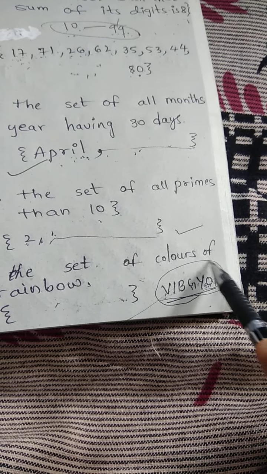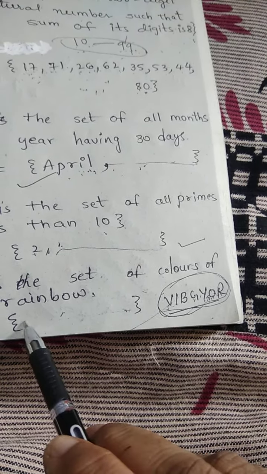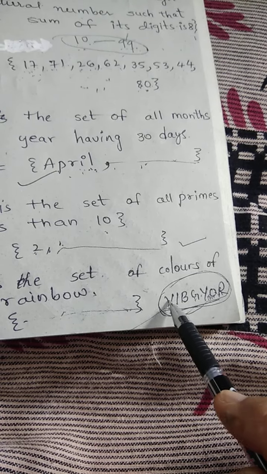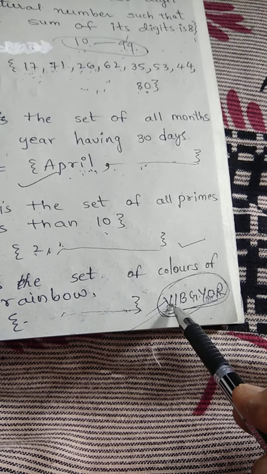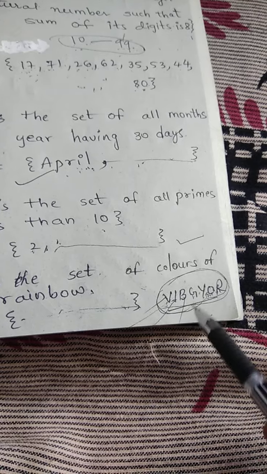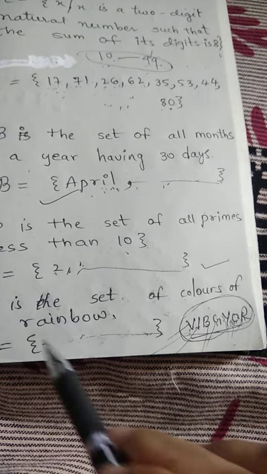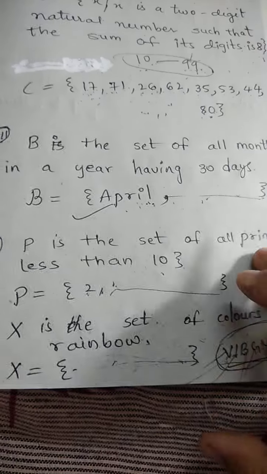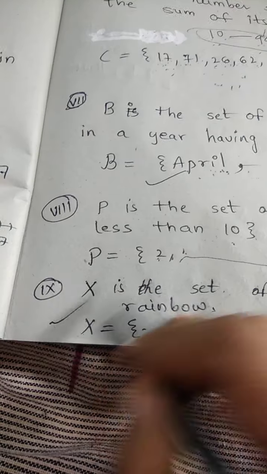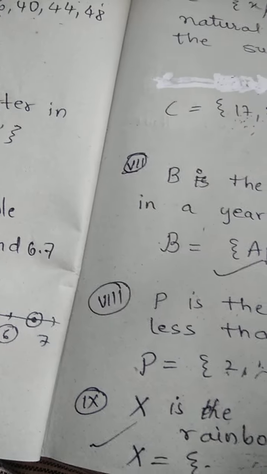Okay, learn this word Vibgyor. You write down the names of the 7 colors in this set. Okay, this is also your home assignment.